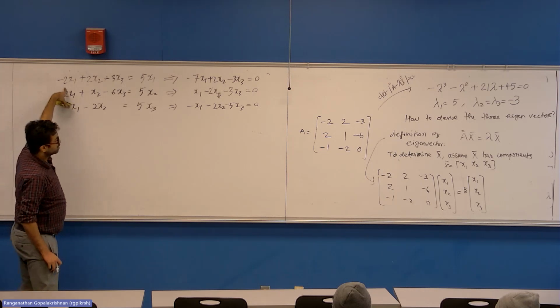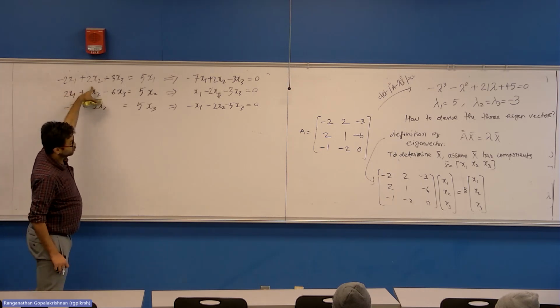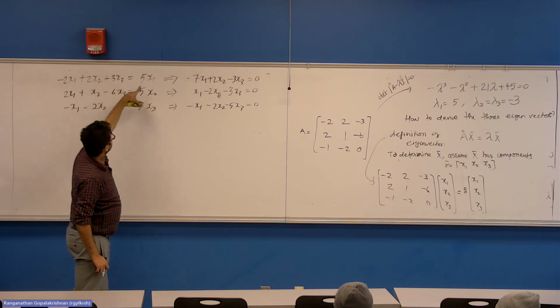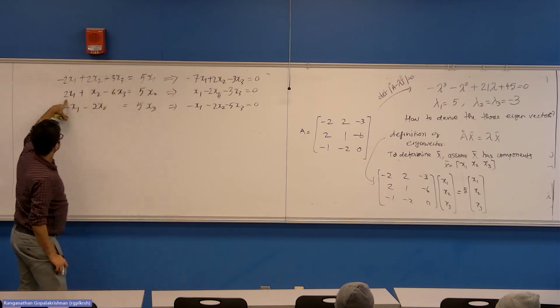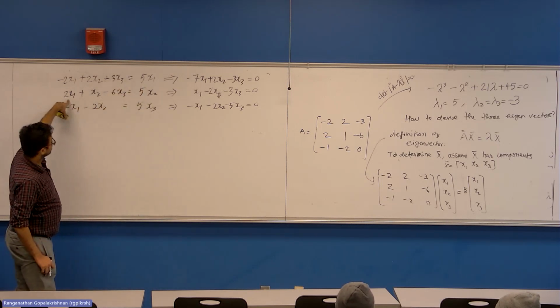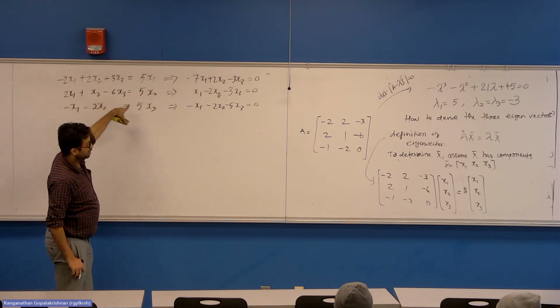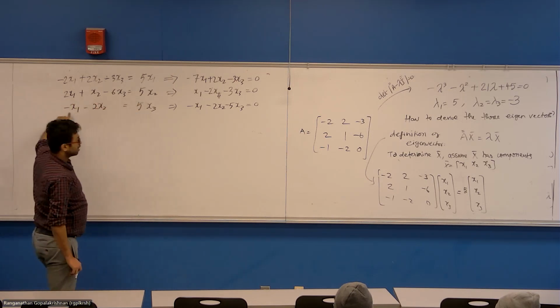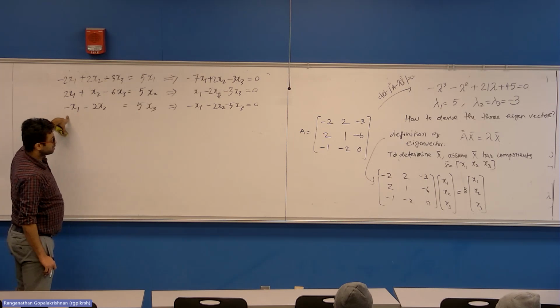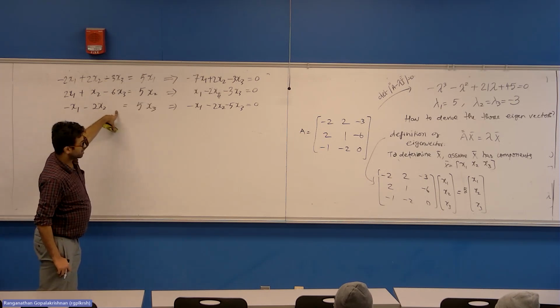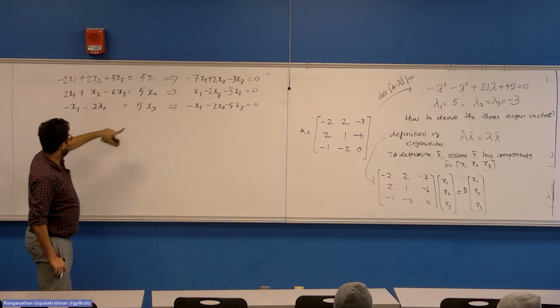Minus 2x1 plus 2x2 minus 3x3 equal to 5x1. 2x1 plus x2 minus 6x3 equal to 5x2. Minus x1 minus 2x2 plus 0x3 equal to 5x3.